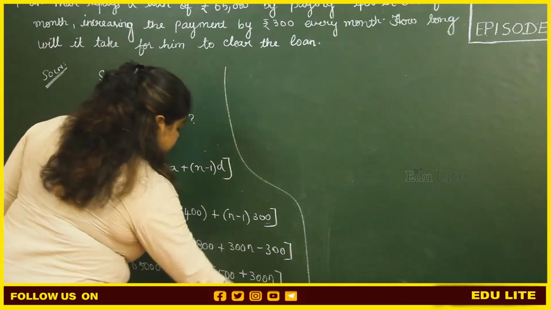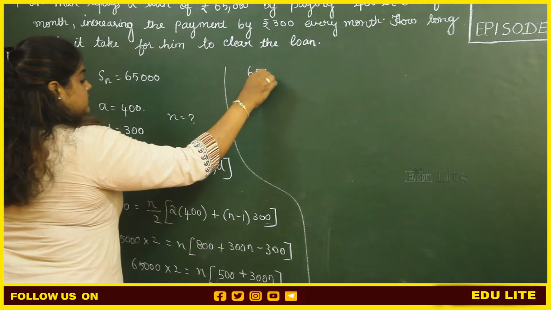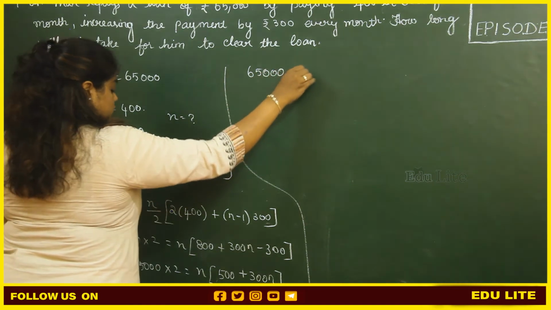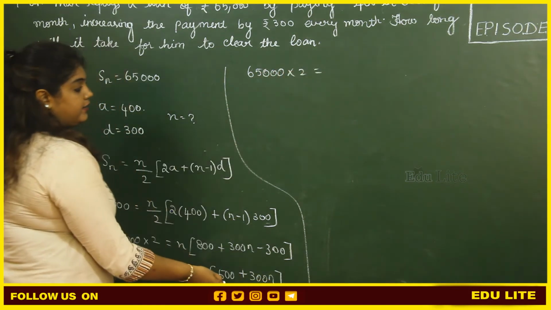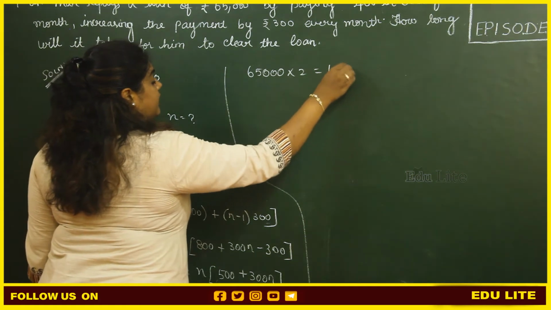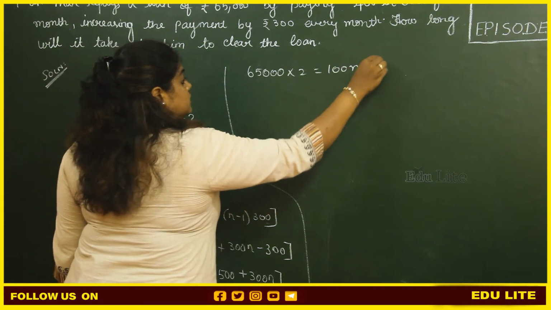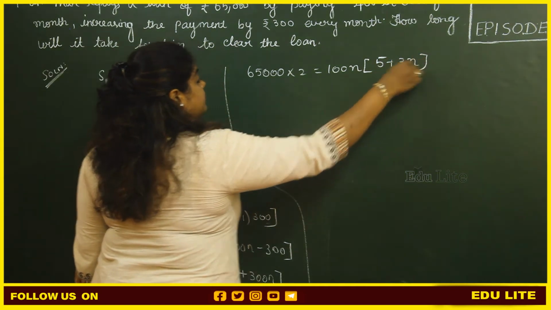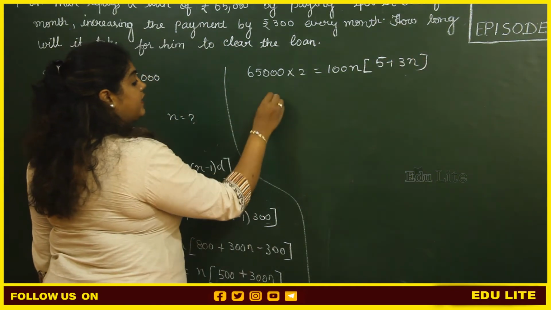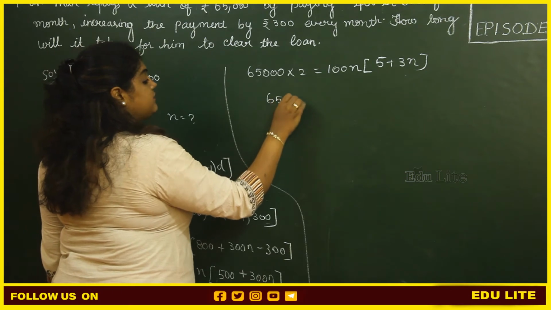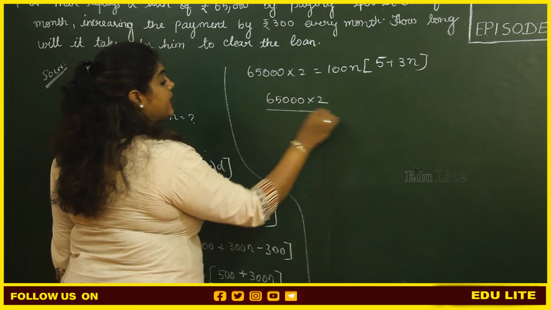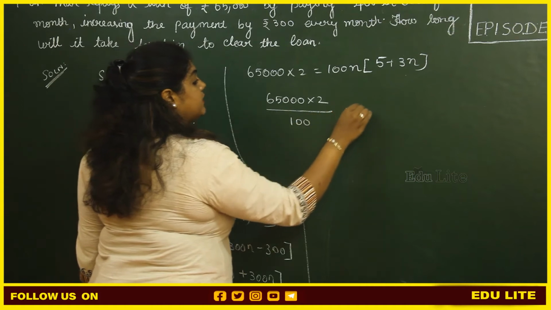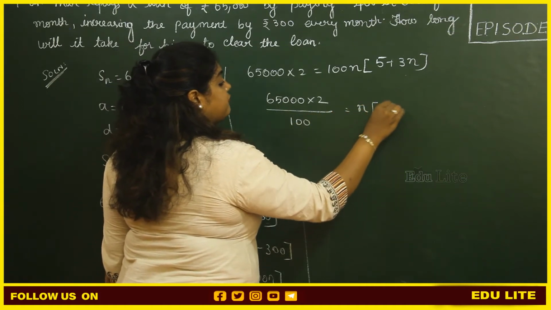Next step, 65,000 into 2 equals, let us take 100 common, 100 into n into (5 plus 3n). I will bring the 100 to the other side. So it will become 65,000 into 2 by 100 equals n into (5 plus 3n).